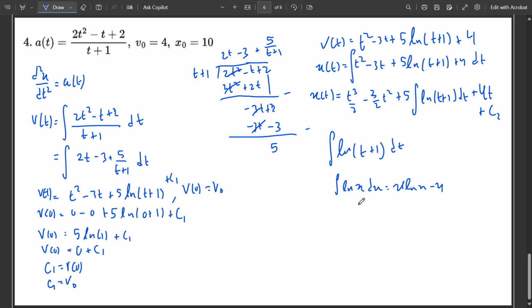So the integral of this is just t plus 1 times ln of t plus 1 minus t plus 1.